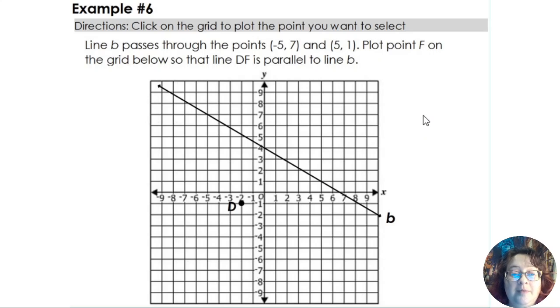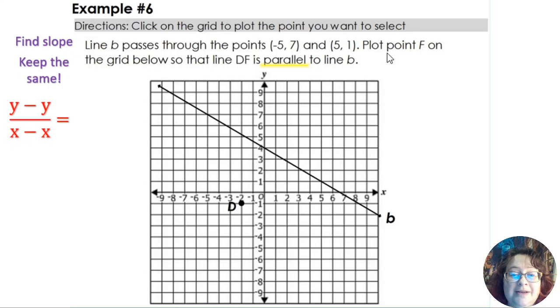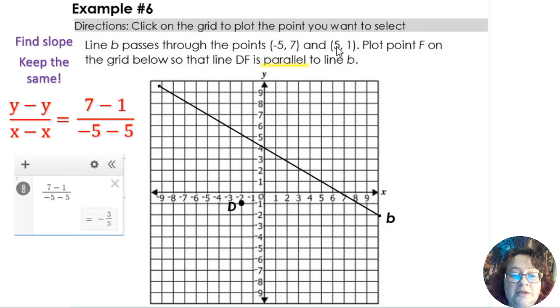I can use my formula, but I need to plot a point so that line DF is parallel to line B. So the first thing I'm going to do is find the slope, and I'm going to keep it the same. So let's plug in our formula, y minus y, 7 minus 1 over x minus x, negative 5 minus 5. Plug it into Desmos, and it gives me back negative 3/5.